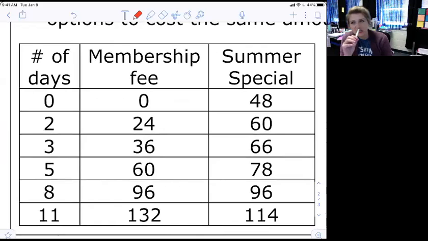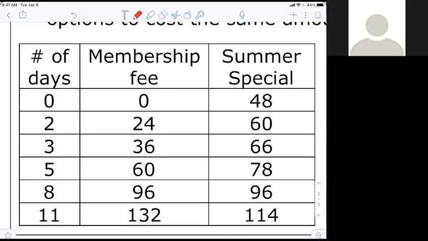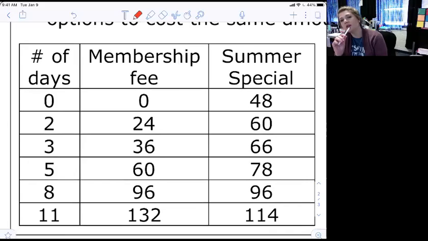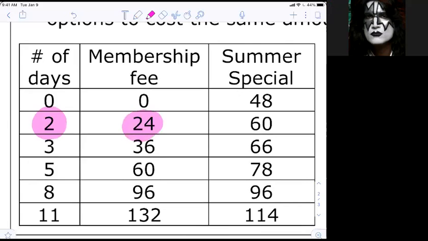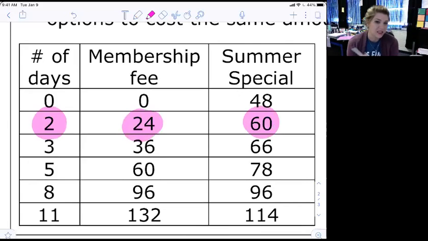Ian, can you take a guess? What point do they have in common? Two. No, they don't have that point in common. Here's why. Because if I did a 2, then one of them is going to be at 24 and one of them is going to be at 60. Good thought, though.